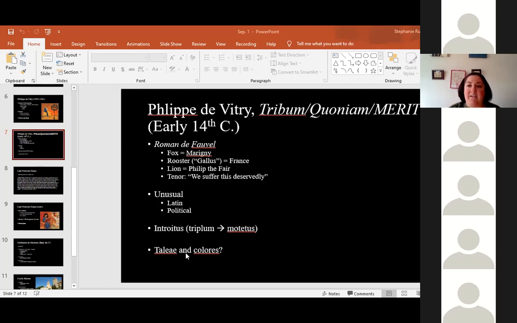When you see a Roman numeral in your score, that means you started a new taille. When you see an Arabic numeral, like the ones we're used to writing, 1, 2, 3, 4, we've started a new color. So let's listen to the motet, and follow along with your scores and check out when we start new taille and new colores.